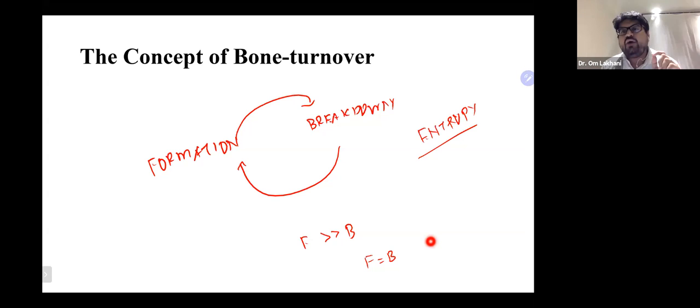And when you have old age, and when you develop osteoporosis, the formation is less than the breakdown. So in the initial growth phase, you have net positive, then a neutral phase, and then a phase where there is net negative. This is how basically life functions, and this is the period where osteoporosis develops.